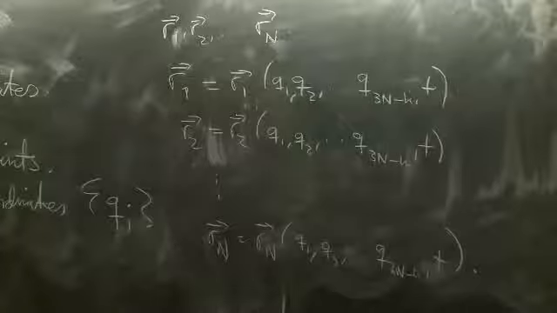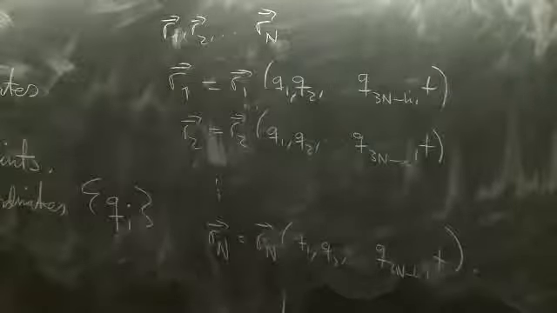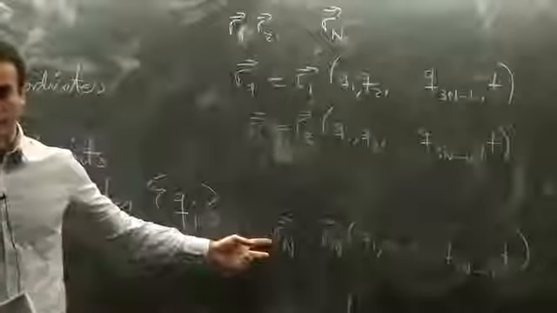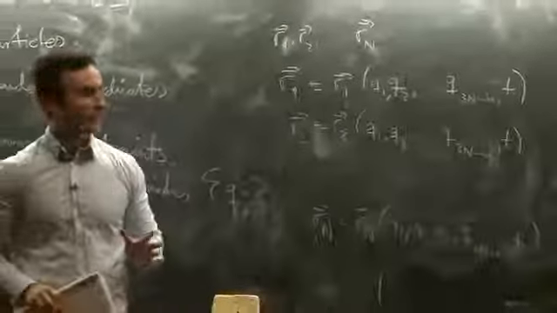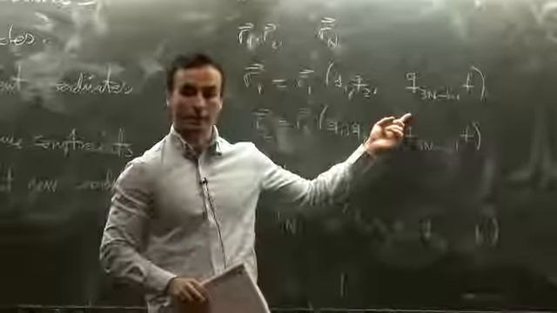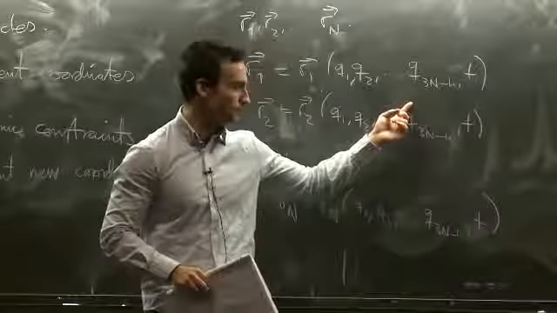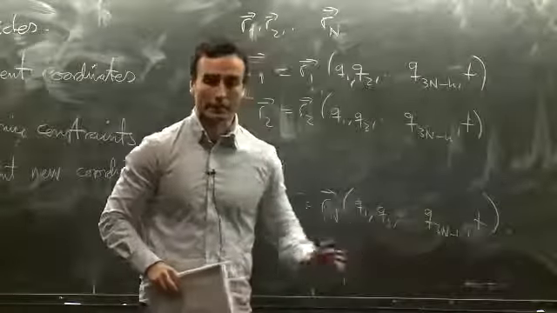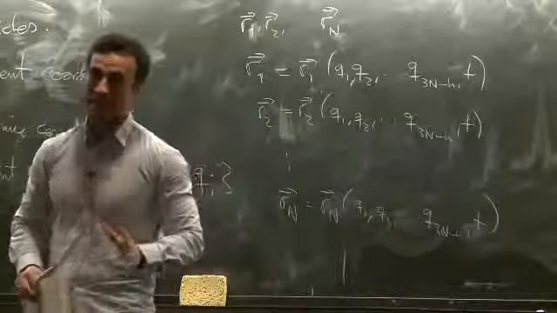So when we take into account the constraints, it means that all of these original degrees of freedom are no longer independent. They can be described in terms of these new generalized coordinates qi. But we see that we have 3n minus k degrees of freedom which are independent.